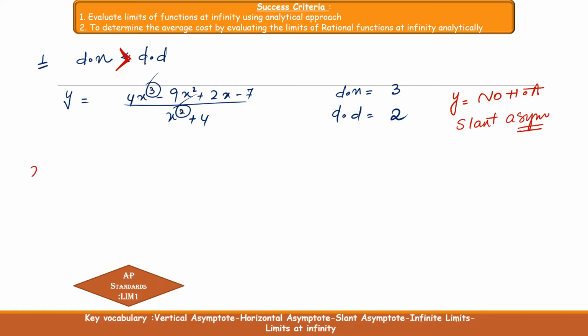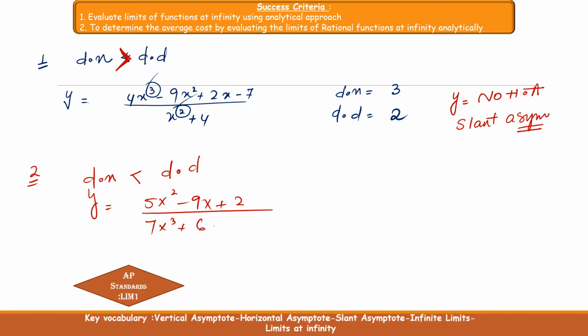Okay, second case: the degree of the numerator is less than the degree of the denominator. Let's suppose my equation is (5x² − 9x + 2) divided by (7x³ + 6x² − 4x + 7).